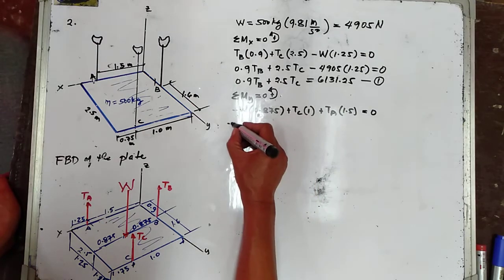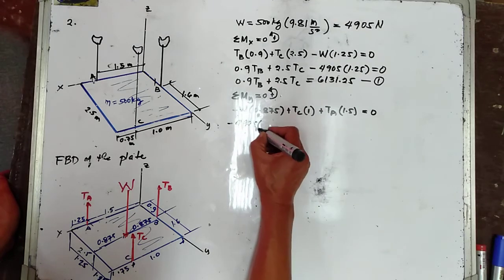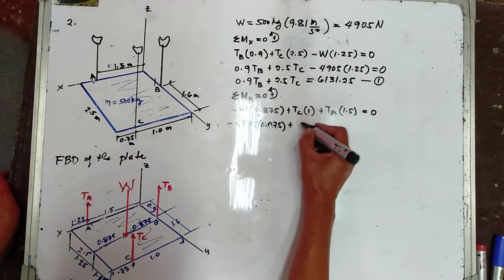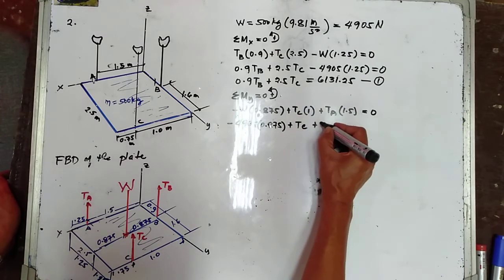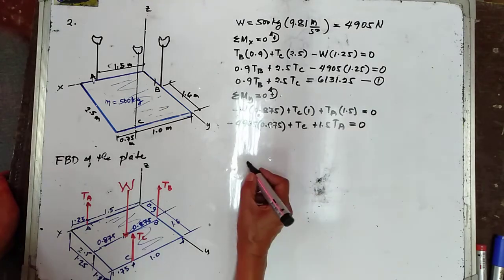So that minus W is 4905 by 0.875 plus TC plus 1.5 T sub A is equal to 0.